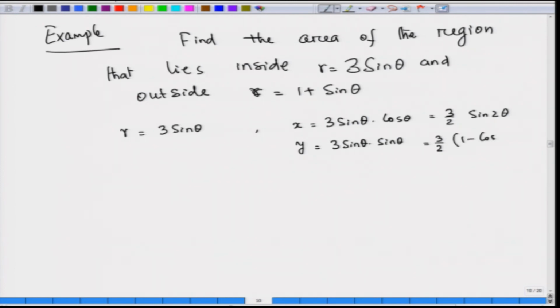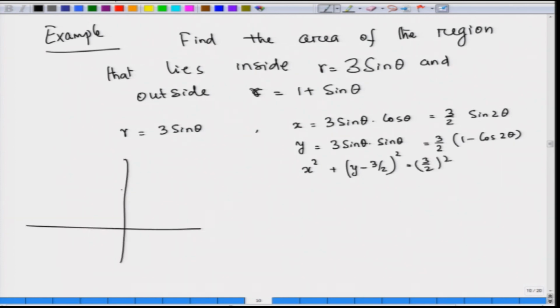Therefore, this is going to be the circle x square plus y minus 3 by 2 whole square equal to 9 by 4, which is 3 by 2 whole square. So, this curve is a circle with center (0, 3 by 2) and radius 3 by 2.